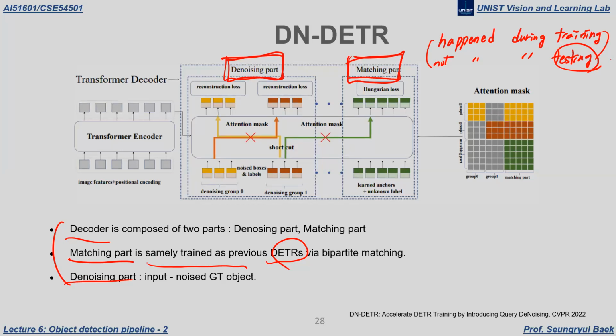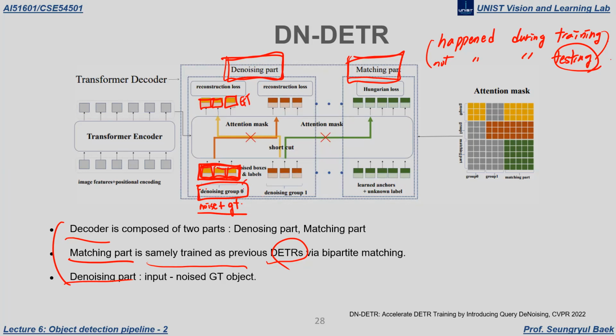What they do is apply some noise to the ground truth. Here, they input some boxes made by applying noise to the ground truth, and their task is to denoise them to estimate the original ground truth.